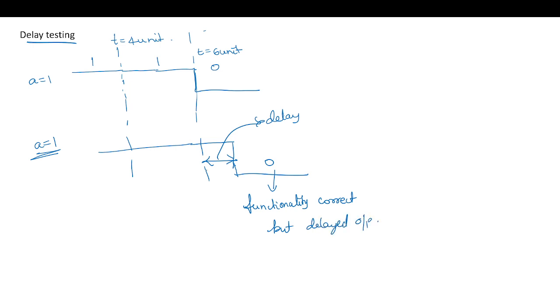So you can see that there is some delay, because of which if you capture at this time frame, t equal to 6 units, the output is actually erroneous. If we were running at a slower speed and capturing at this point, the output could have been correct.